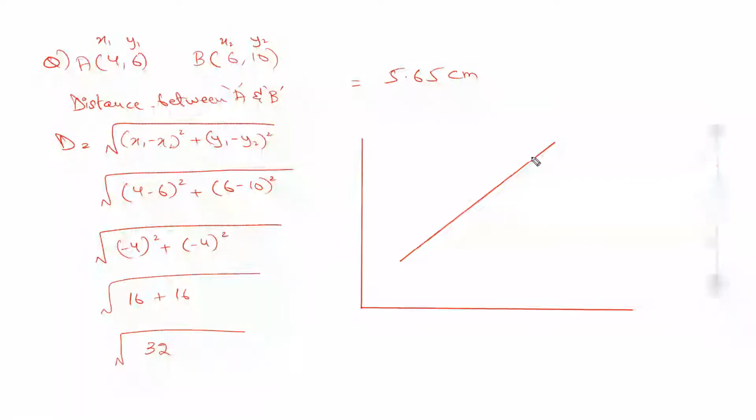So if this point is given to you as 6 and 10, and this point is given to you as 4 and 6, the distance between these 2 points, AB, is 5.65 centimeters, according to whatever they've given you over here, right? So this is basically how you find out distance for any 2 coordinates that might be given to you.